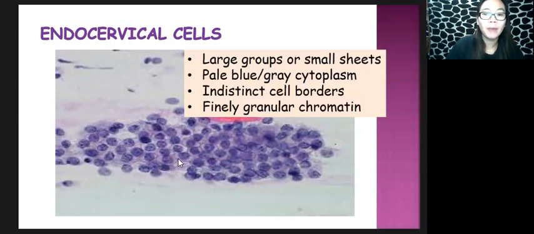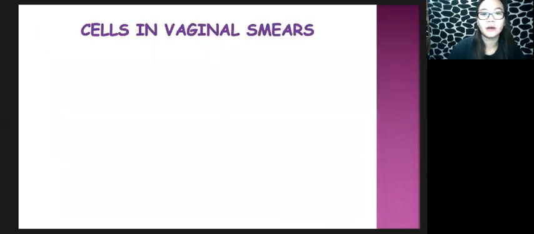They have a pale blue or gray cytoplasm with indistinct borders, especially so that they appear in groups or in clusters. As you can see, the chromatin, the nucleus, is granular, finely granular chromatin, so that means it is not condensed. So your endocervical cells may also be seen in your vaginal smears.